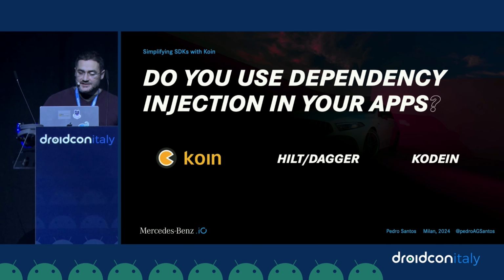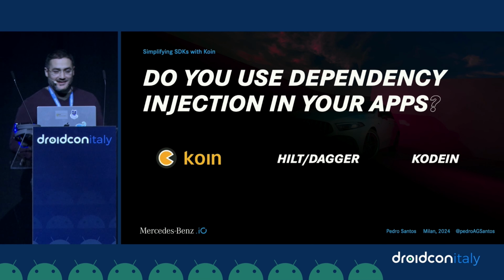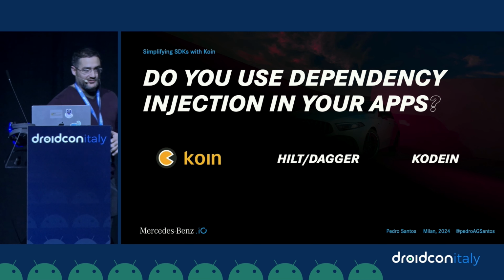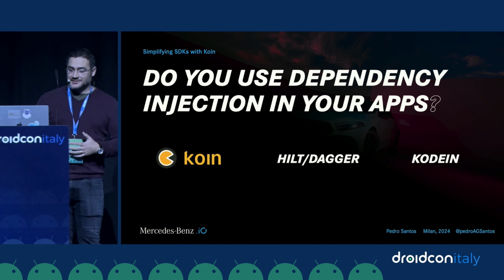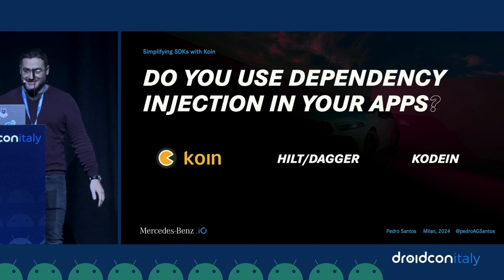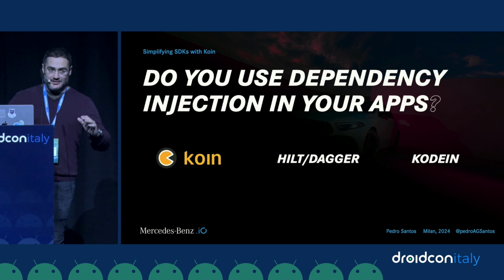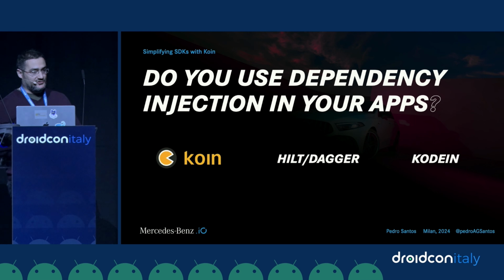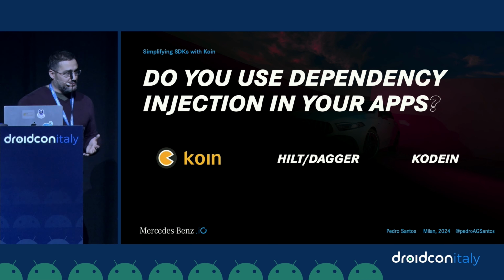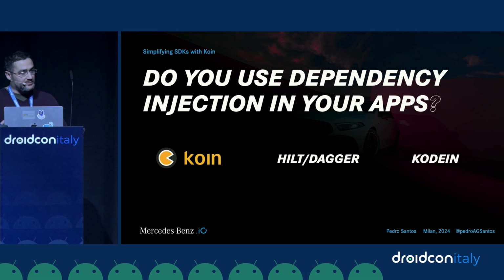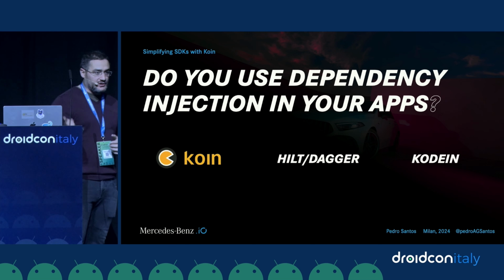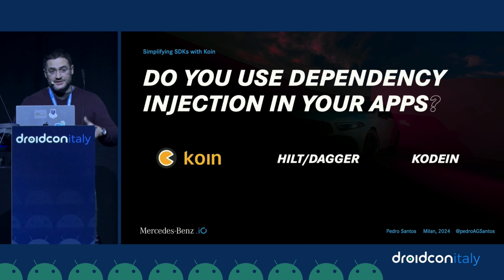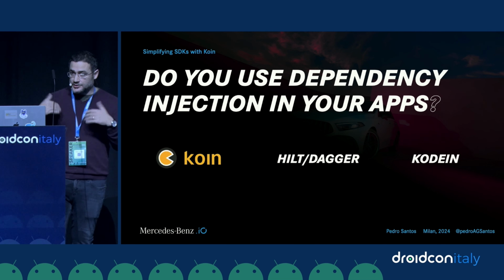So I would like to ask you guys a question. I hope you know what dependency injection is. You have an object with some attributes, and you want the dependency injection framework, whether it is Dagger, Koin, or Kotlin, to resolve the dependencies for you, to work for you.